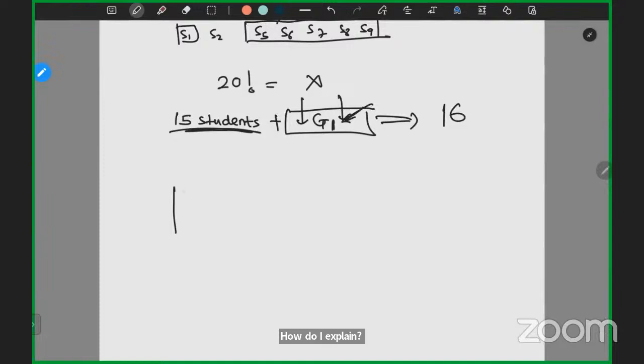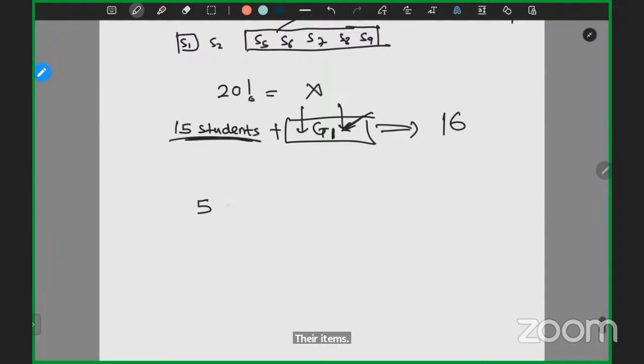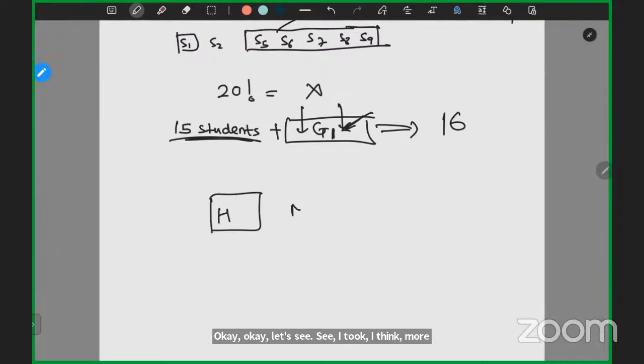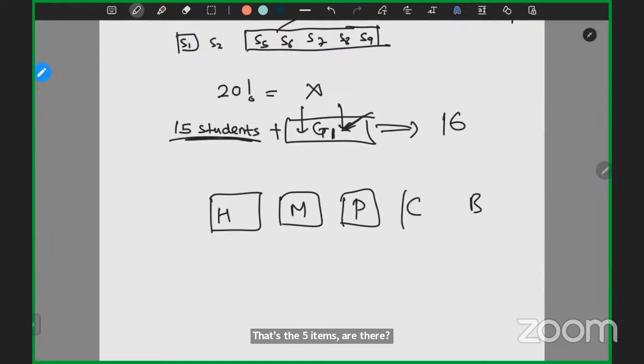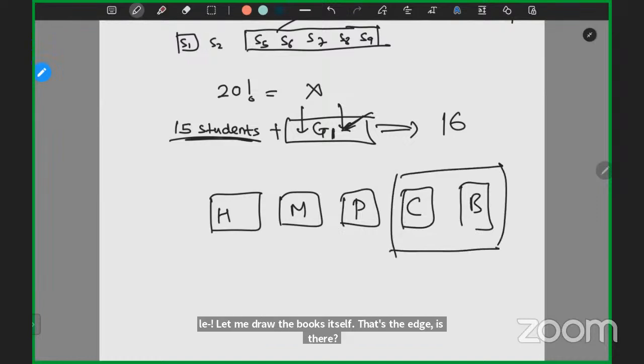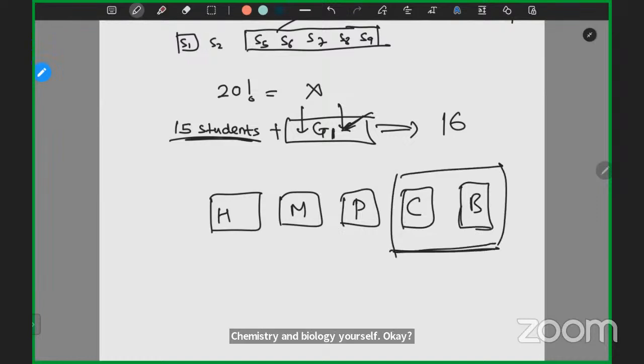Let's say I had earlier 5 items. Let me draw the books: H is there, math was there, physics was there, chemistry was there, and biology was there. Now I'm grouping them. Let's say these two are a group. Now I can't go in between.